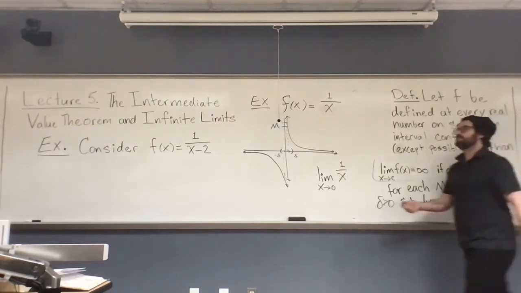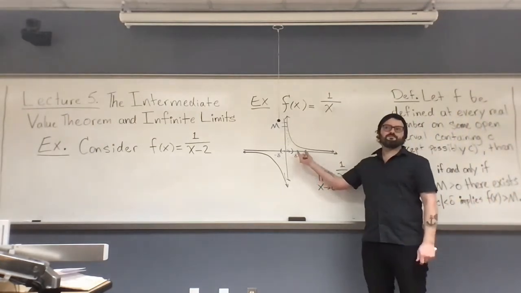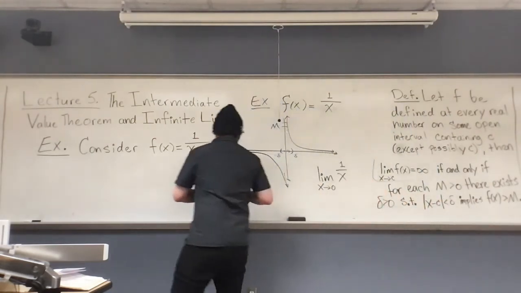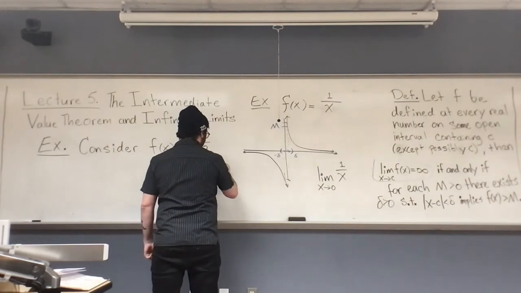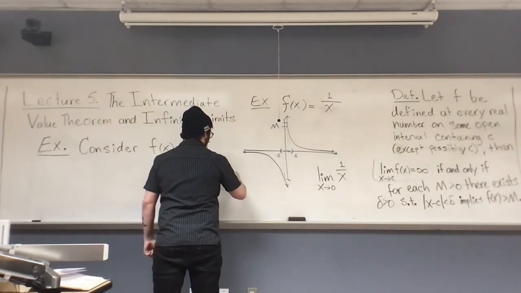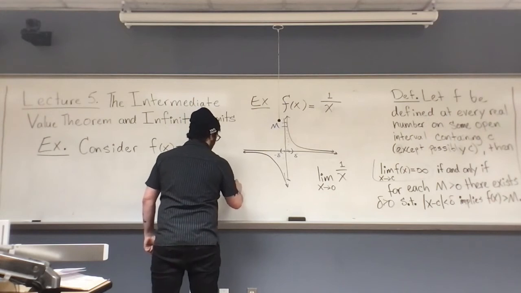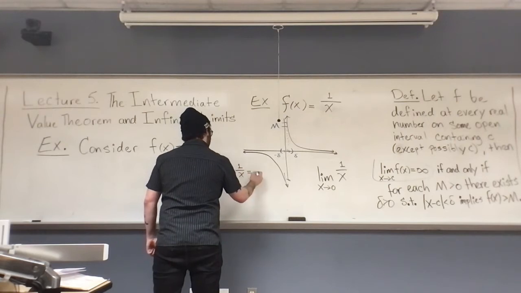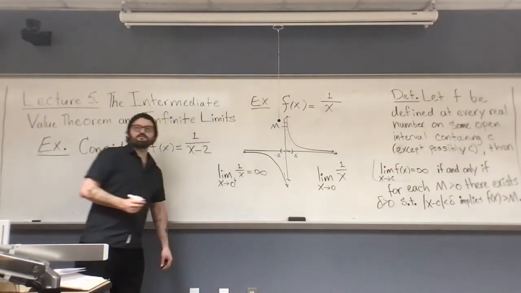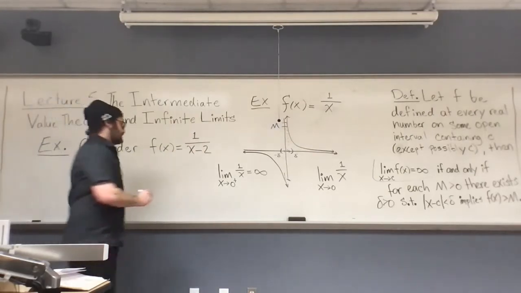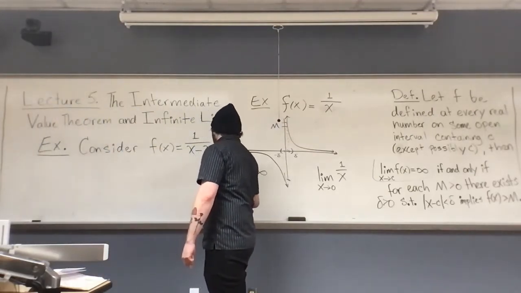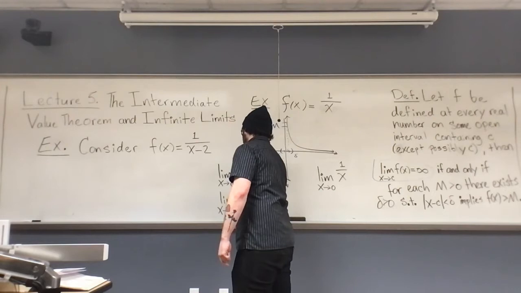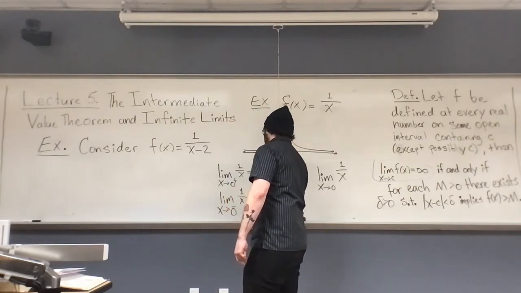It holds on the right-hand side, but does not hold on the left-hand side. In fact, we can just write that out because we know about one-sided limits. The limit as x approaches 0 from the right of 1 over x, we can say that equals infinity. But on the left-hand side, this equals minus infinity.